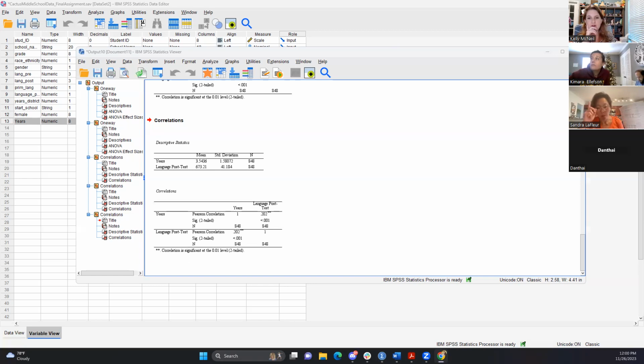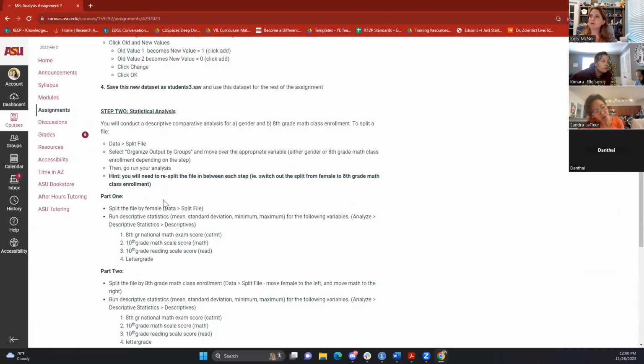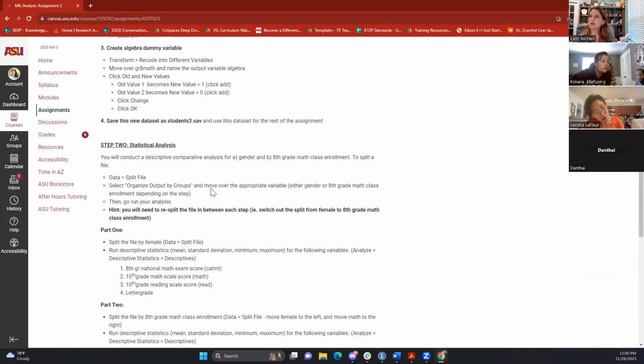If we had a variable for each year, we could split the file and run descriptive statistics for specific variables based on a split data file. Right, so we split the file by math class enrollment, remember, or female, male.